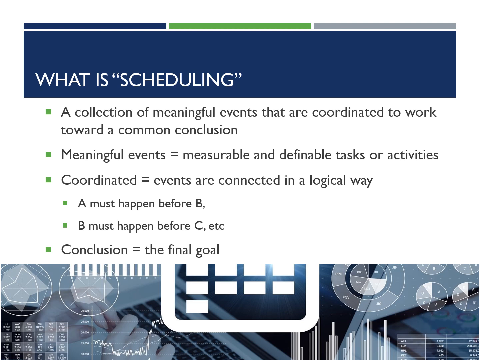And then the conclusion is your project completion date or your substantial completion date or your inspection, whatever milestone that you're attempting to reach is what we're calling a conclusion.